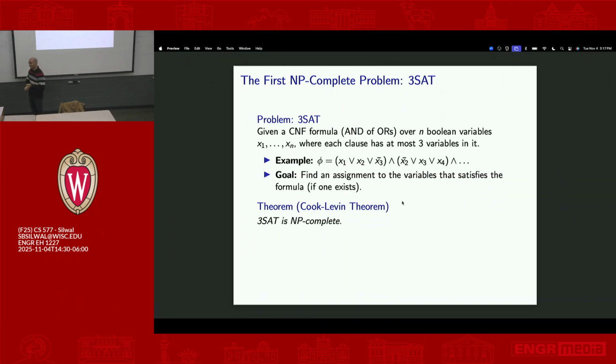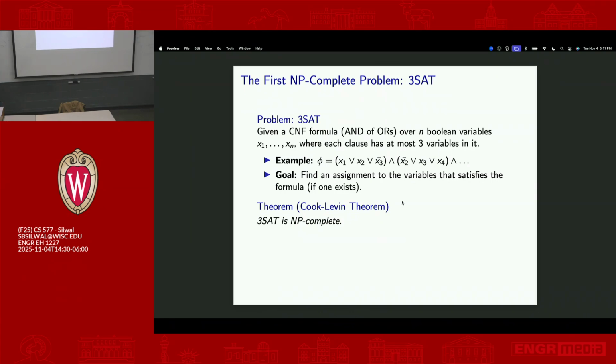This is a very surprising statement. It's like if I have an algorithm to solve 3-SAT, then for every other problem in NP, I can find a polynomial time algorithm. If you look at the proof, it says, take any problem in NP, take a hypothetical algorithm for 3-SAT, and convert it to an algorithm for your problem. That's what the proof has to do.